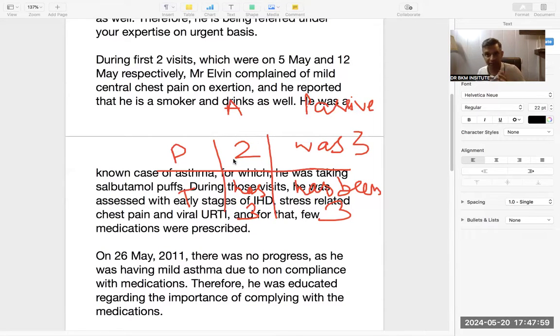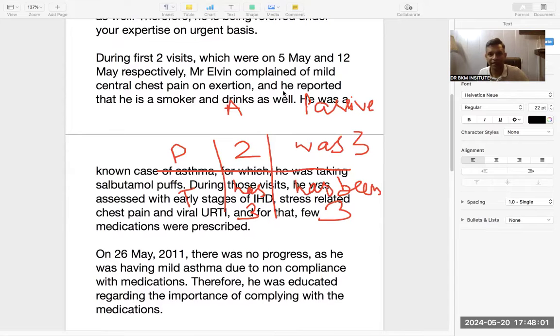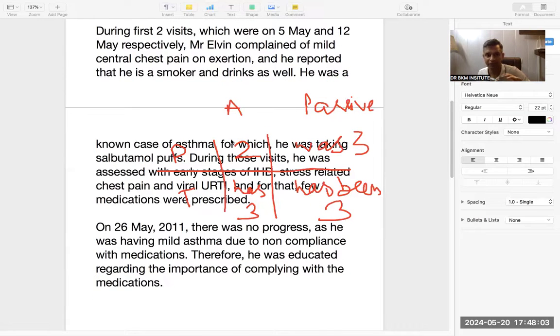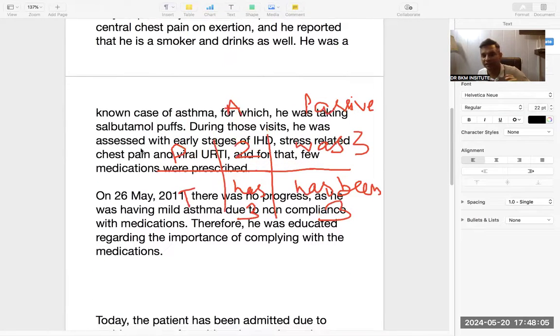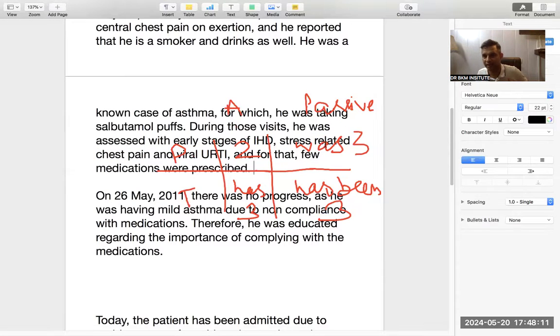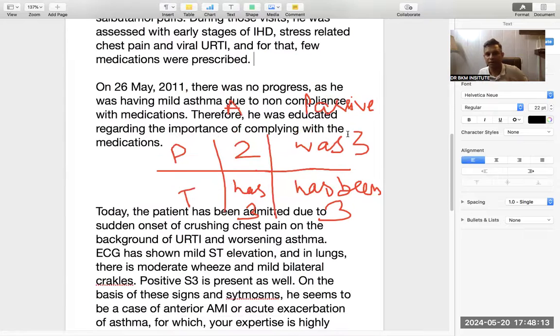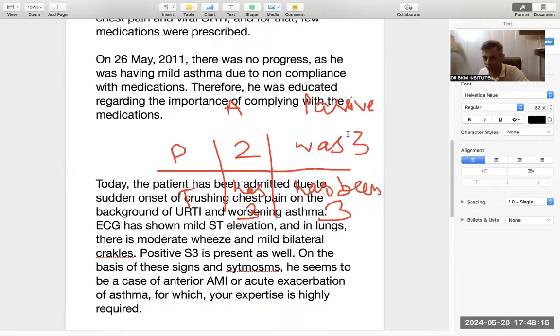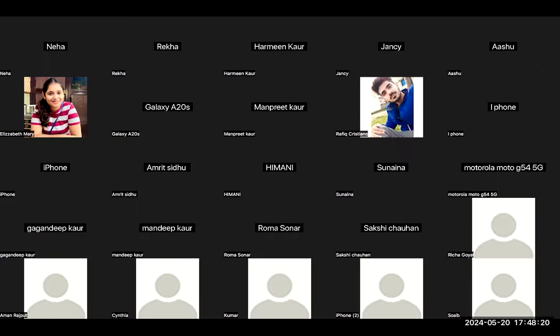He himself complained, we did not. Then he reported, again active. Then we said he was assessed, so was plus third form, by us. Few medications were prescribed by us. So that is how you control the grammar, by checking it. In the last, do check it the way I have done it.